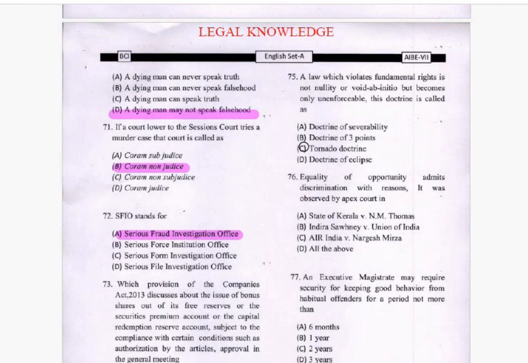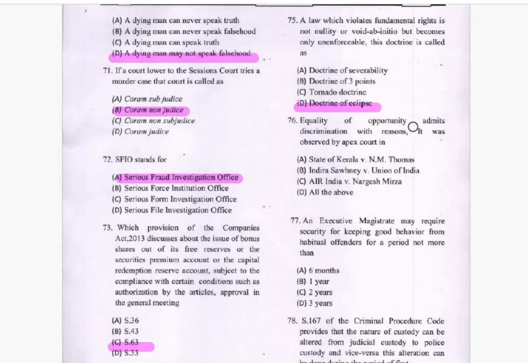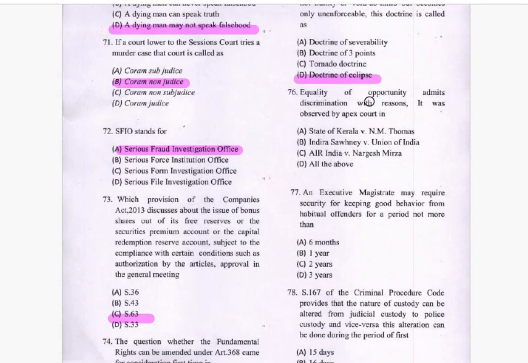This doctrine is known as doctrine of eclipse. Article 13 of the Indian Constitution, this has been dealt with. Then equality of opportunity admits discrimination with reasons. It was observed by the apex court in the case of State of Kerala versus N.M. Thomas.